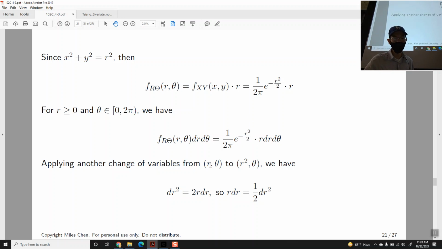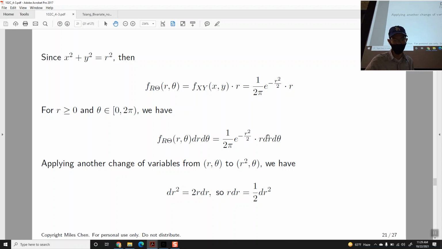We're going to switch from r, theta to r squared, theta, and so dr squared is 2r dr. And so we can replace this part, r dr, with 1/2 of dr squared.